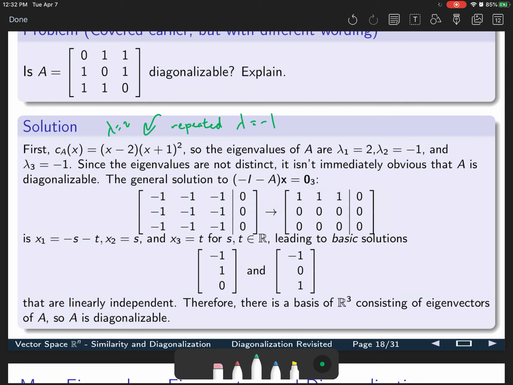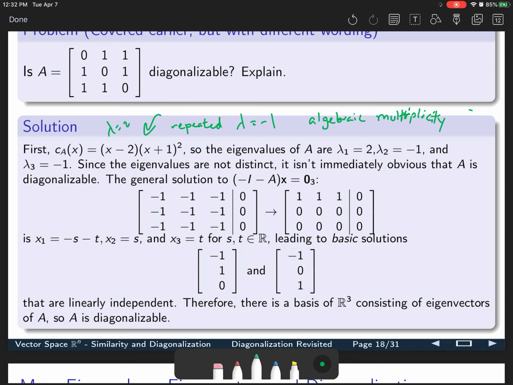This kind of repetition is called algebraic multiplicity. Because it shows up in the characteristic polynomial, we call it algebraic.